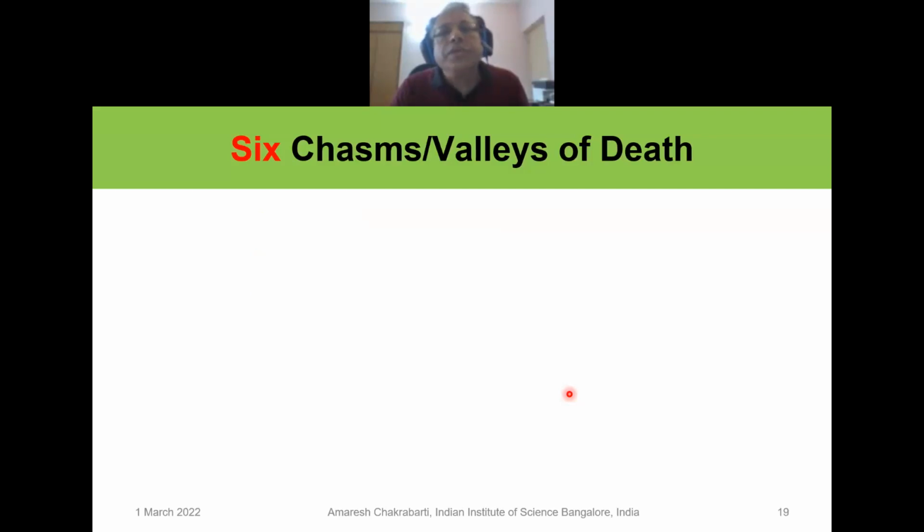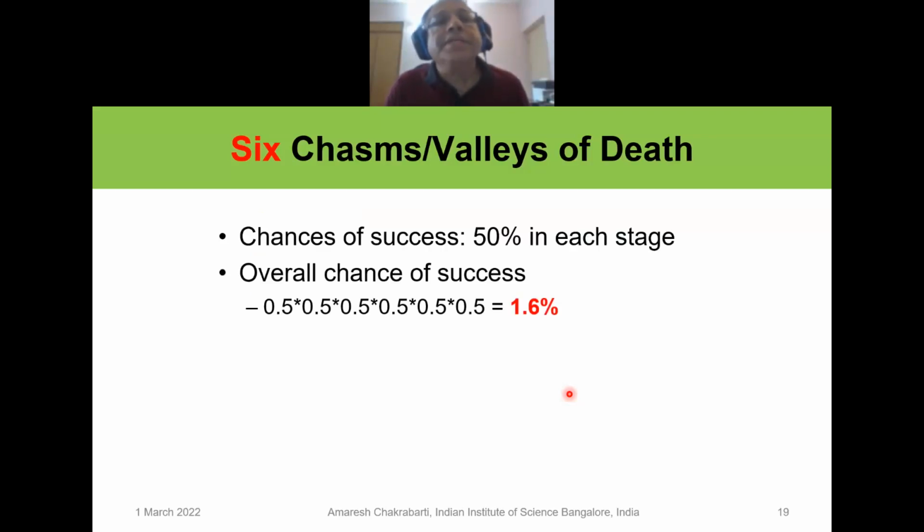So just to give you a sense of what that means, let's say you have a 50% chance of succeeding in each case, then your overall chance, the joint probability, is going to be pretty low. And it's not surprising that the typical rate of success of innovation in India hovers around 4%.